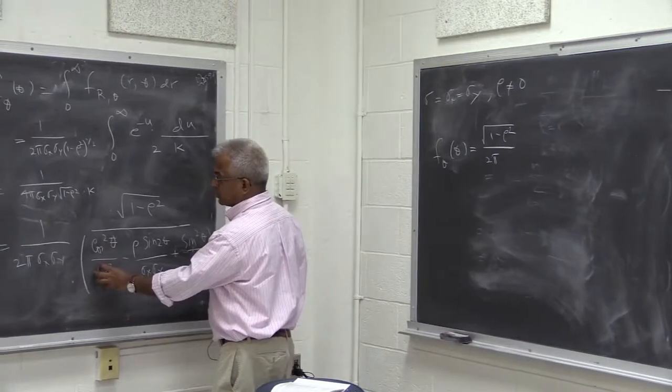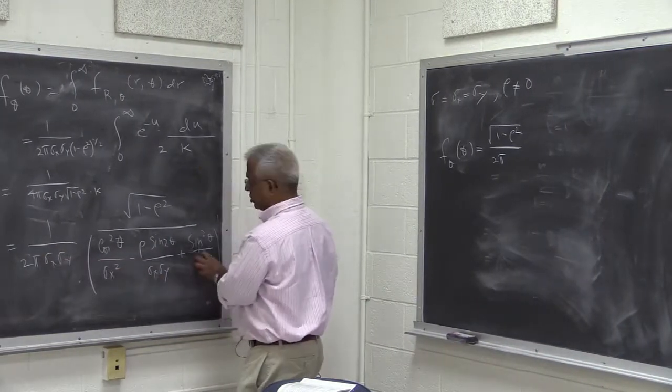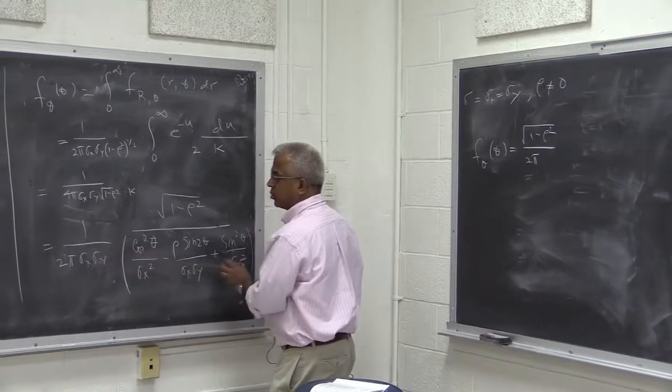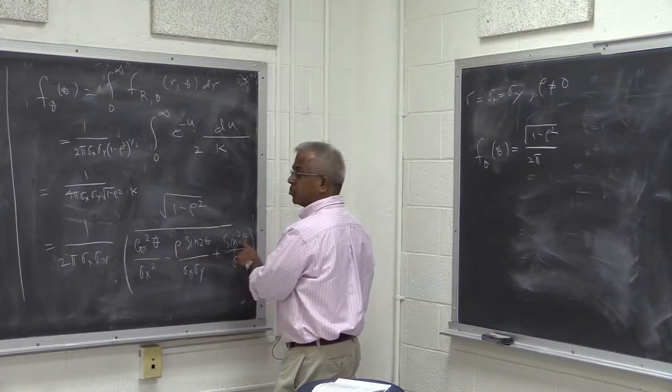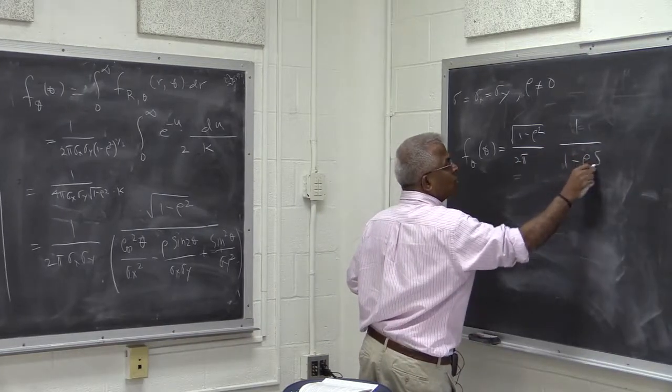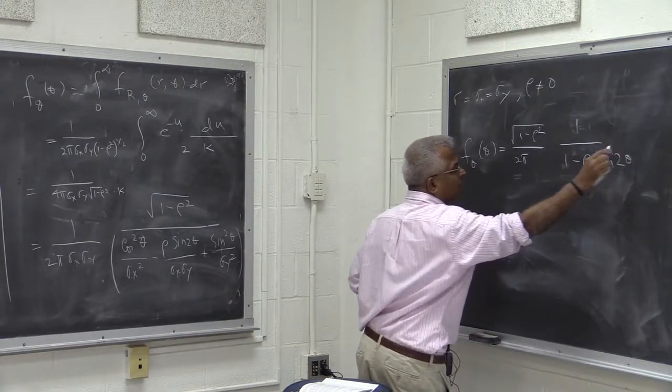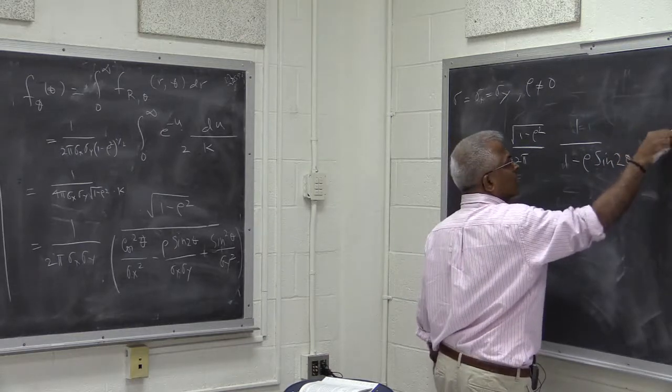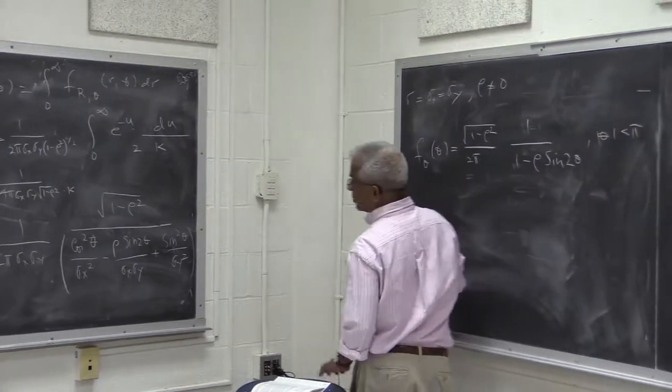Notice that this is sigma squared, this is sigma squared, this is sigma squared, this is sigma squared. So sigma squared cancels. Cos squared plus sine squared is 1. So this expression becomes 1 minus rho sine 2 theta. Again, another classic expression, theta from minus pi to pi.